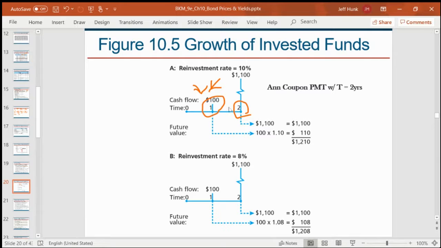Now, you might wonder, doesn't that 1,100 then earn again 10% interest? Well, that interest portion is taken care of here, right?